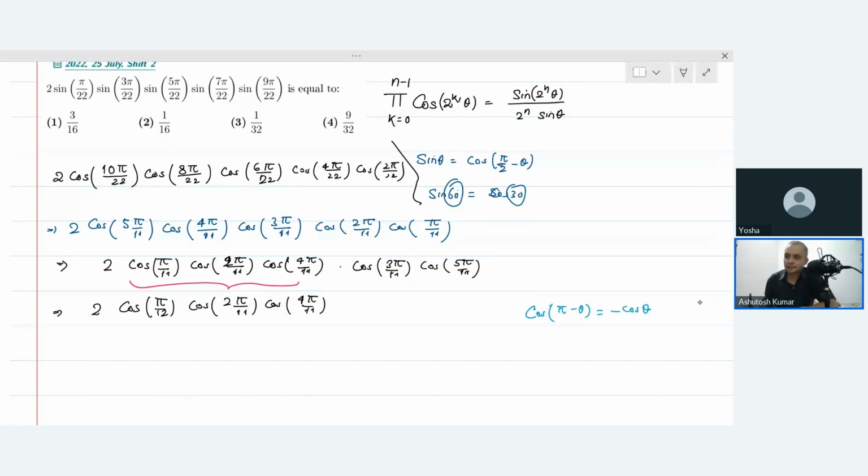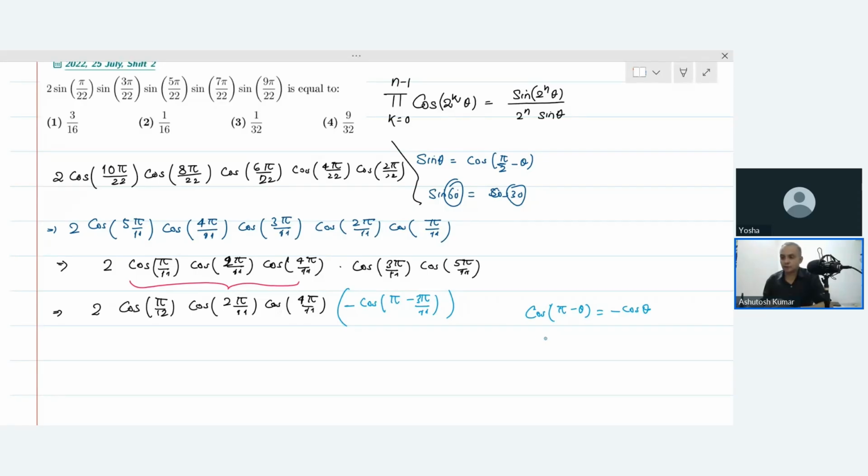So this cos 3 pi by 11, I can write as minus of cos of pi minus 3 pi by 11, because cos of pi minus 3 pi by 11 is minus of cos 3 pi by 11. There's a minus sign there, so I can write it safely.